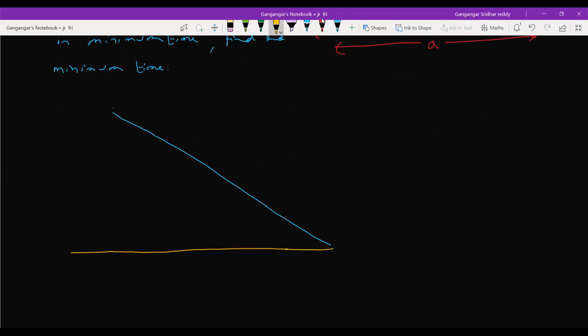The same diagram, let me continue here. I'm projecting from here. Let me take that point of projection as origin. Here I'm going to project with a speed u.